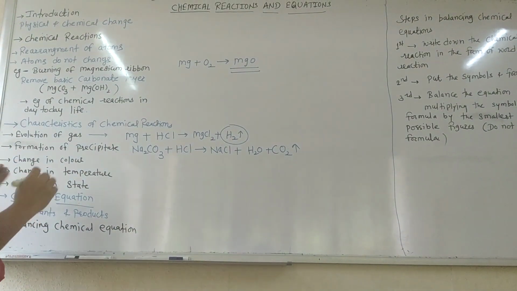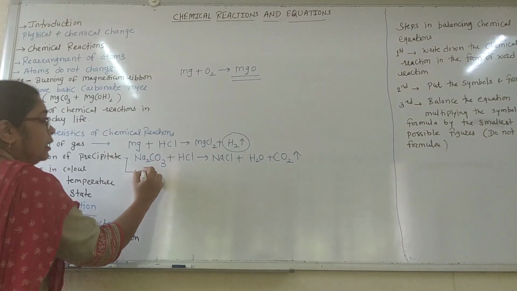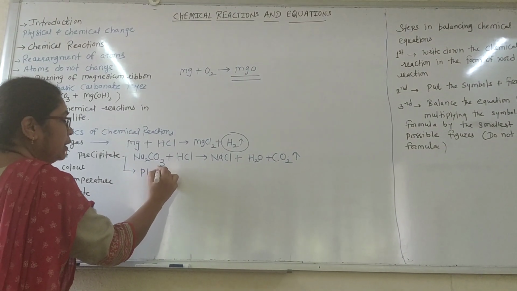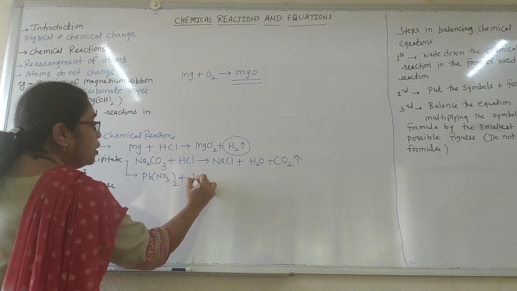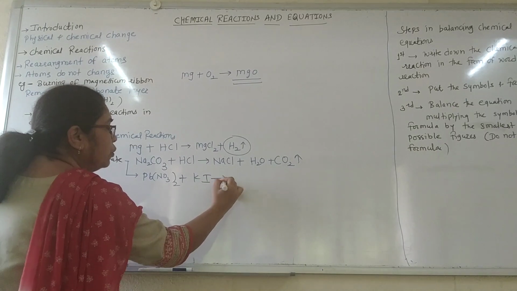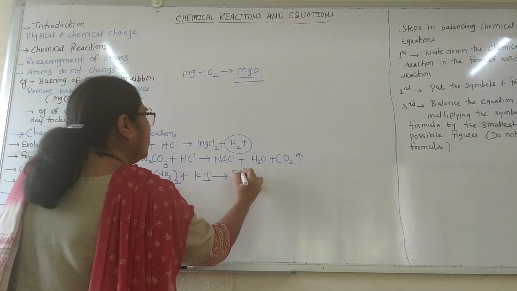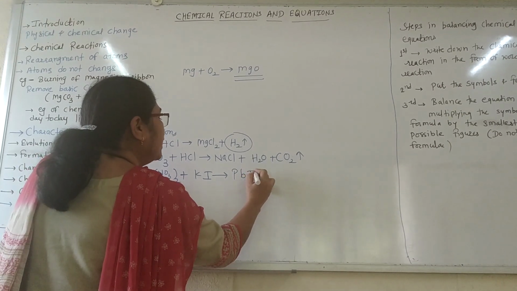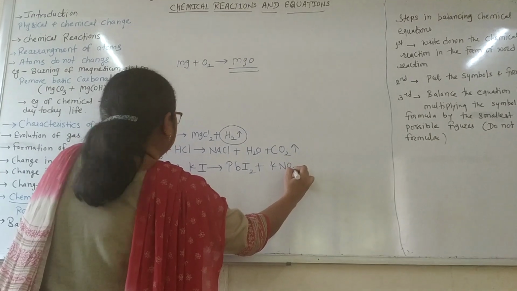Let's see examples of precipitate reactions. Lead nitrate, Pb(NO3)2, plus potassium iodide gives lead iodide and potassium nitrate.